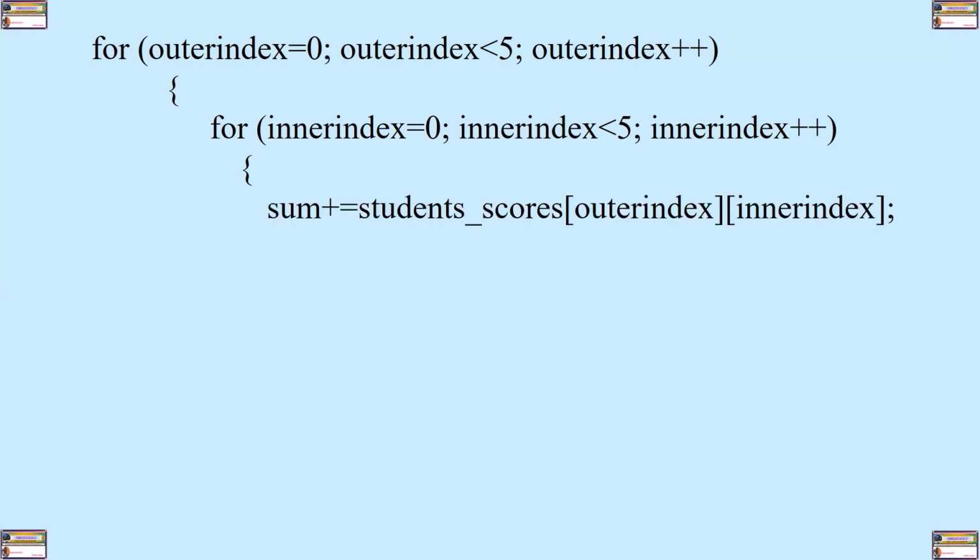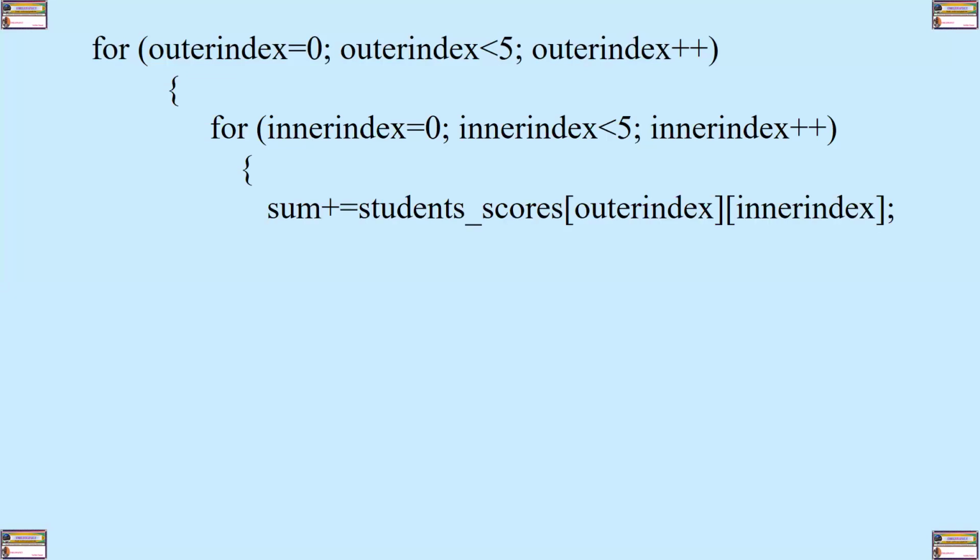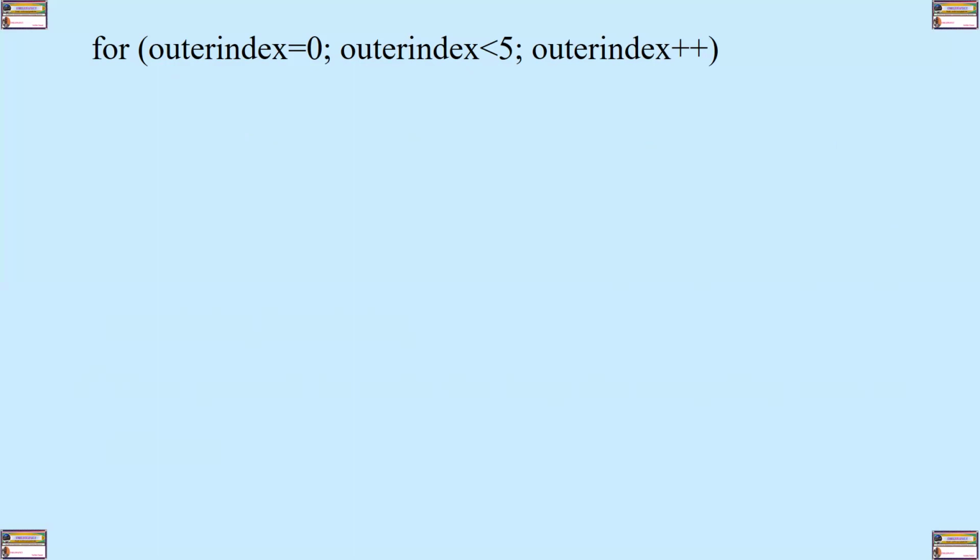Pick what is in which memory location? Outer index 1, inner index 0. So 1, 0. And repeat the entire process until inner index is not less than 5. Once inner index is not less than 5, it will come out of that loop, go again, and increment outer index. So if outer index is at 1, 1 plus 1 is 2. Is 2 less than 5? Yes.